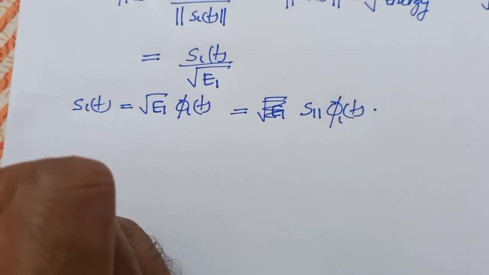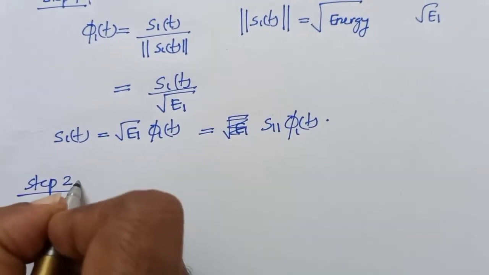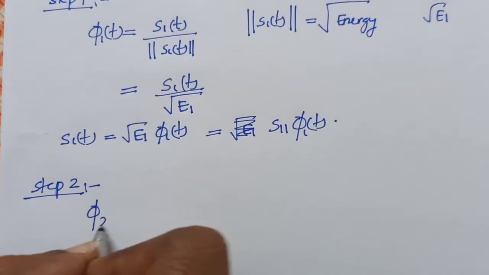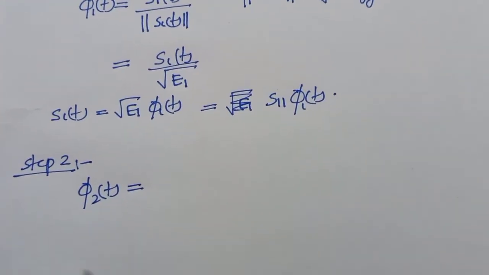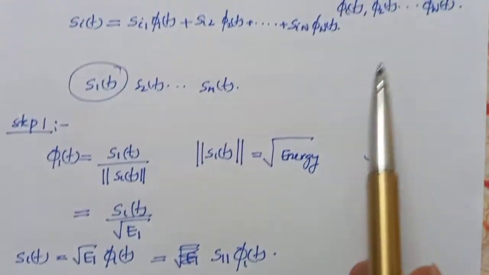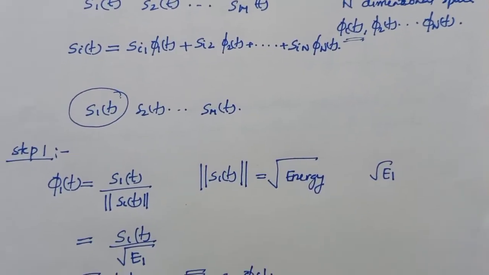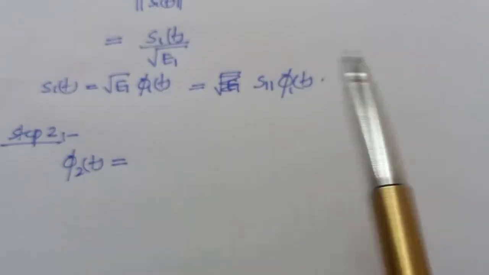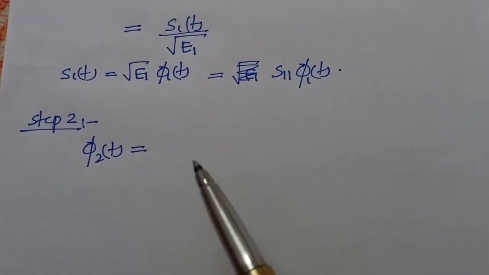Now, step number 2 is to find phi2(t). For finding phi2(t), from the n-dimensional space we know only phi1(t). So we will derive phi2(t) from the second signal S2(t). You can choose any other signal also, but for the sake of convenience I am choosing S2(t).